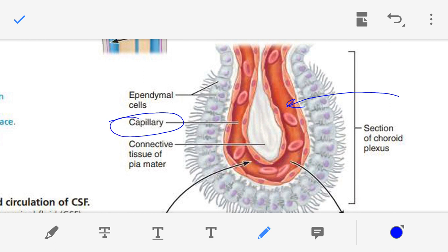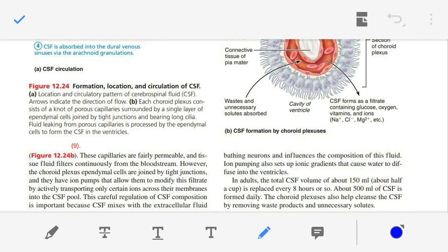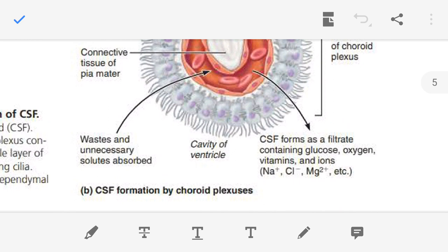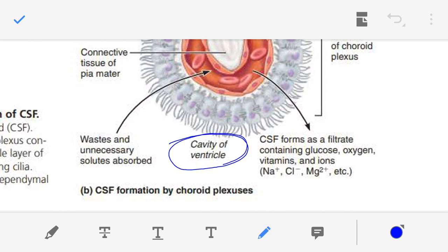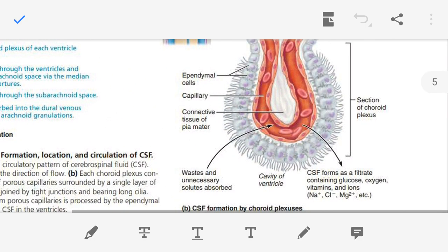Then outside this are the ependymal cells. So what is this entire portion? This is the cavity of ventricle. So here they are writing cavity of ventricle.